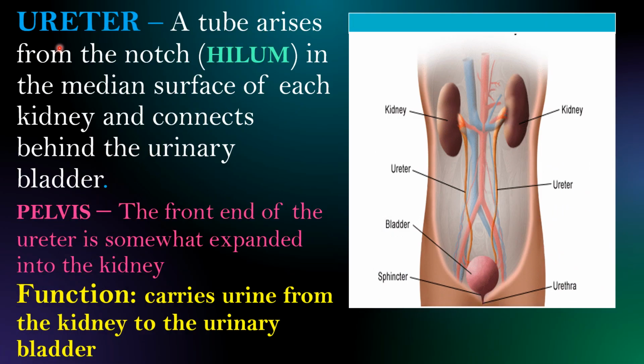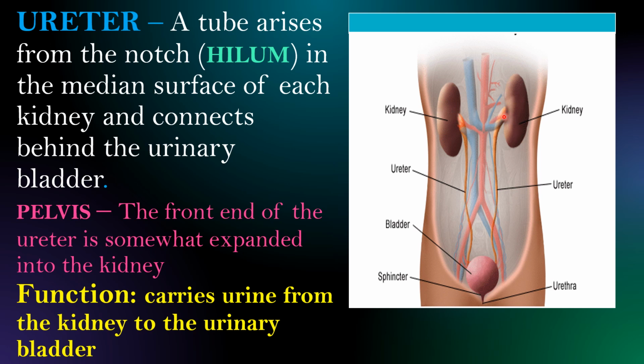The next important structure of the excretory system is the ureter. You can see here a tube arises from the notch in the median surface of each kidney. Yes, that curved structure is the notch. This notch we call the hilum.